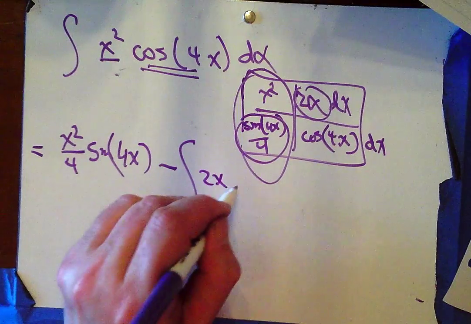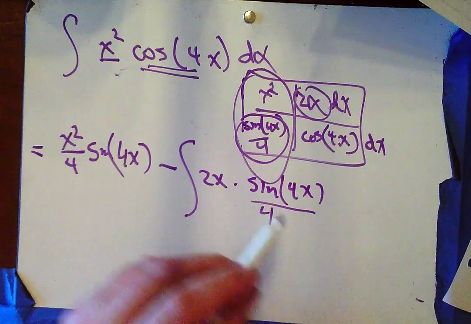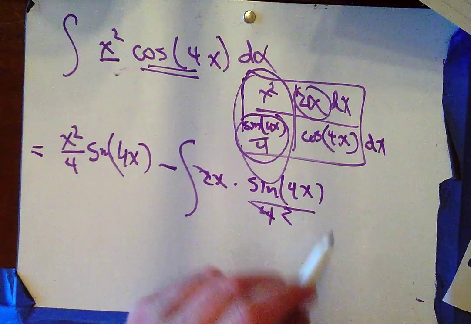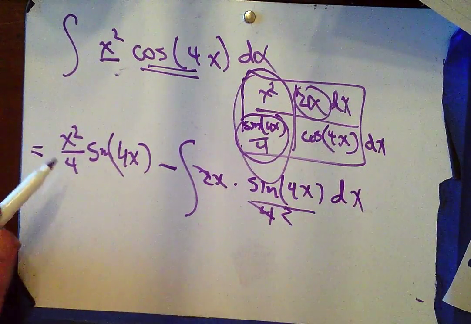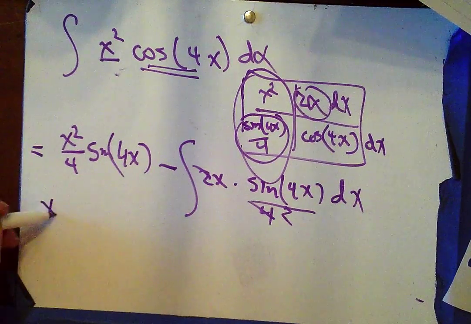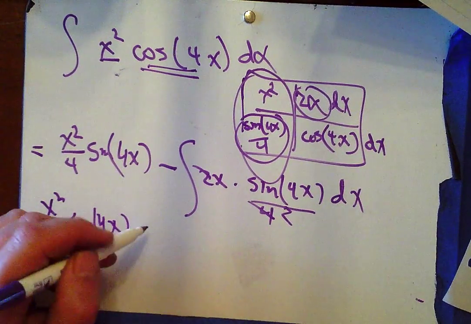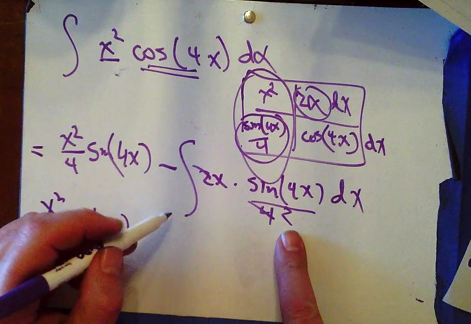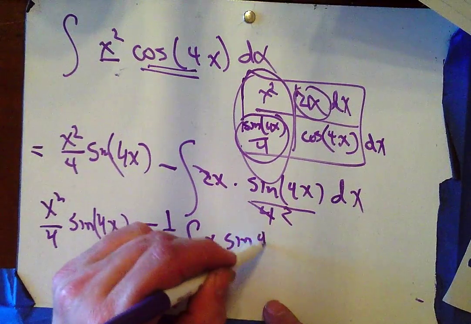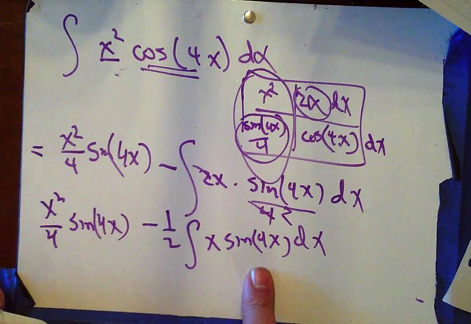So that's going to be 2x times sine 4x over 4. We can do some canceling. But look, I still have x squared over 4 sine 4x minus, I'm going to pull this 2 out, integral x sine 4x dx. I need another by parts.